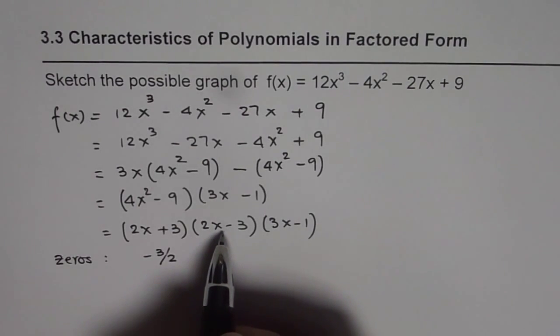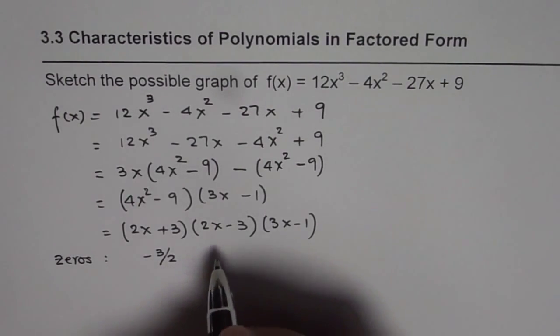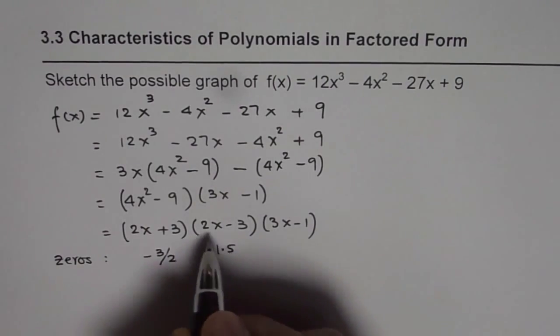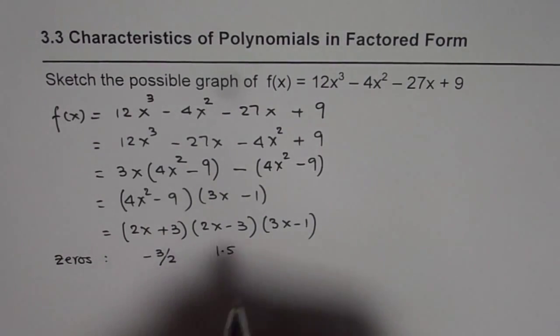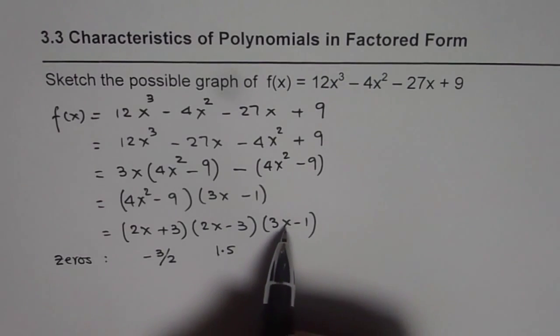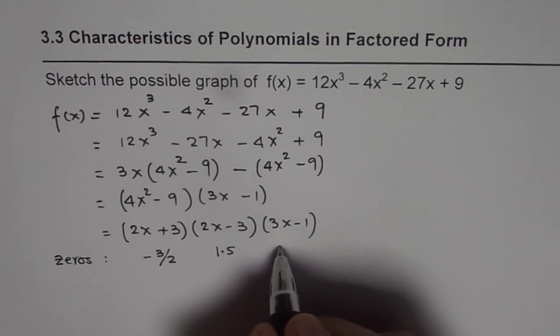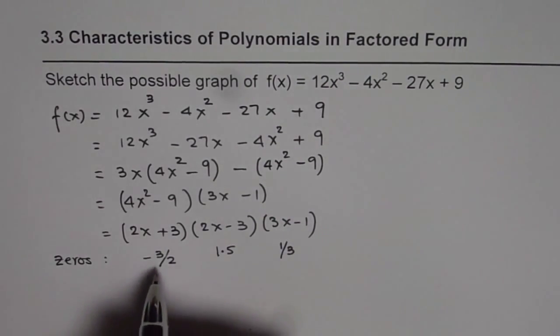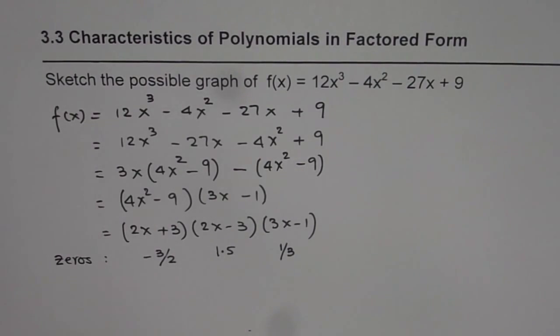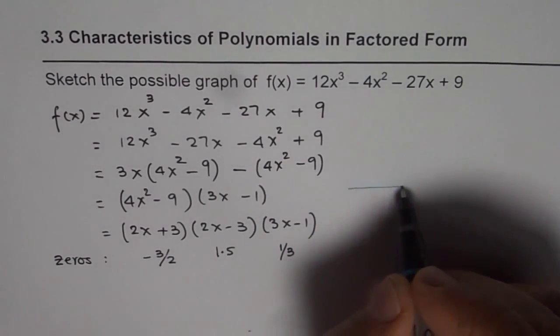This zero is at 3 over 2, so let me write 1.5 this time. 3x minus 1 will be 0 at x equals 1 over 3, and all 3 zeros are linear zeros, correct? So we know the zeros.